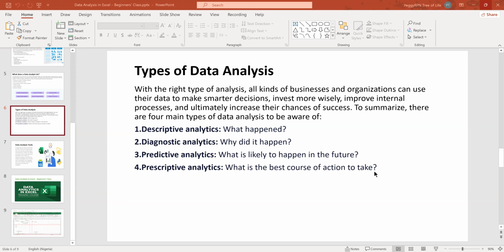What is the best course of action to take? All of these things we will look at as we go on, and then you will understand. These are day-to-day things that people look into in different sectors of their life: your business, your private life, you plan to marry next year, you have a budget.